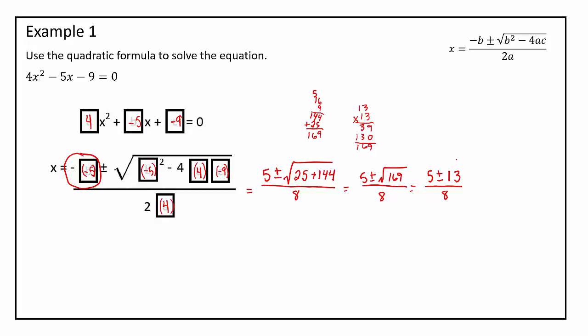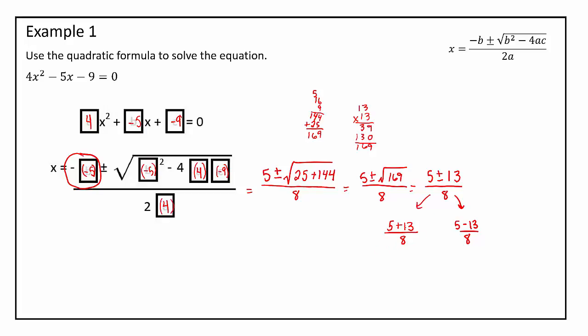The very last thing we do is say, okay, this is a plus and minus sign, which means there are 2 things happening. One is that I have 5 plus 13 over 8, and the other is that I have 5 minus 13 over 8. That's literally what a plus or minus sign means: this is really talking about 2 different expressions, one that has a plus and one that has a minus.